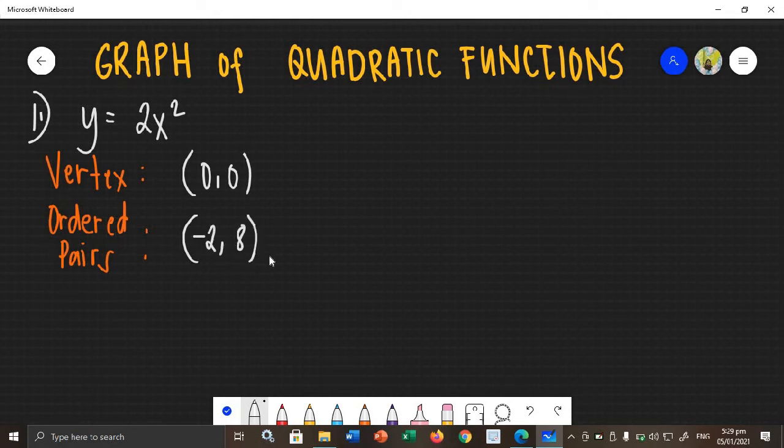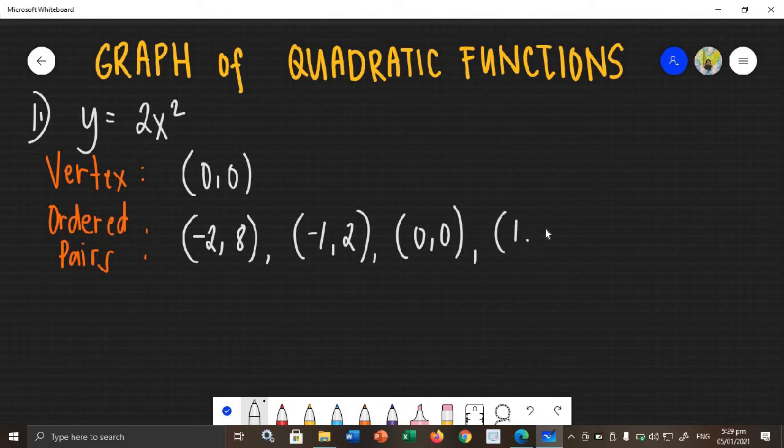Kung sino yung magkakatapat, yun yung isusulat nyo na ordered pair. So, we have -1 and 2. We have 0, 0, which is your vertex. And then we have 1, 2, and then 2 and 8. So, using this ordered pair, sila yung gagamitin mo to graph the function.